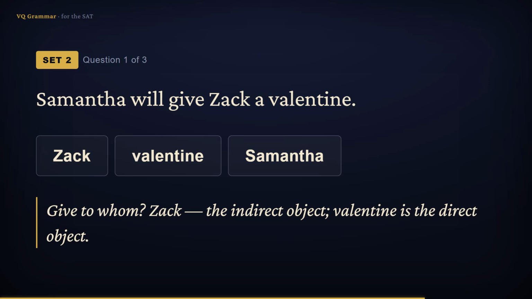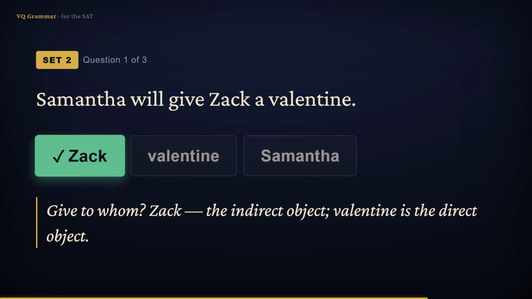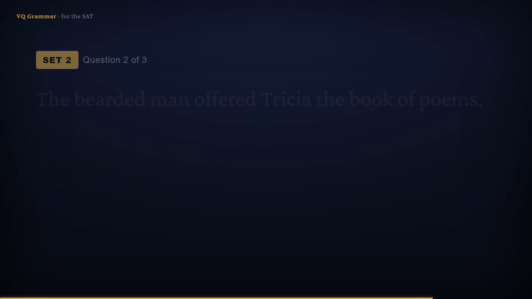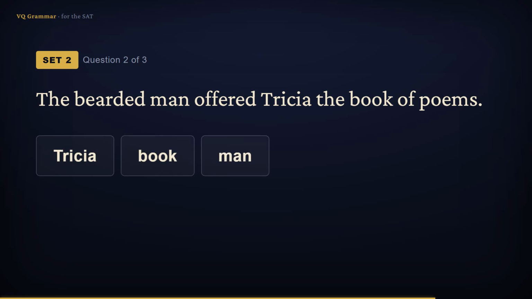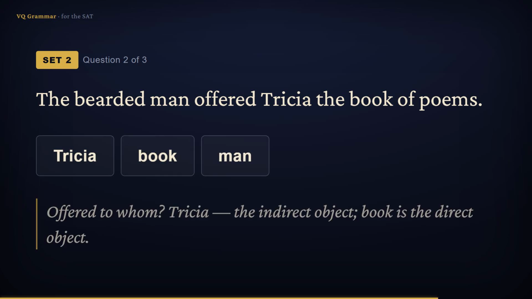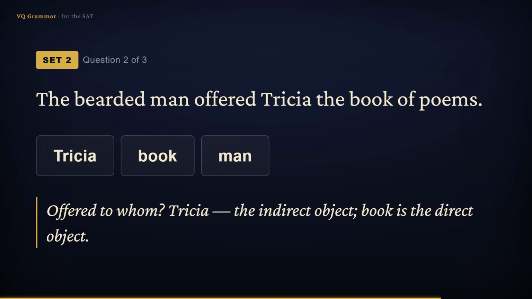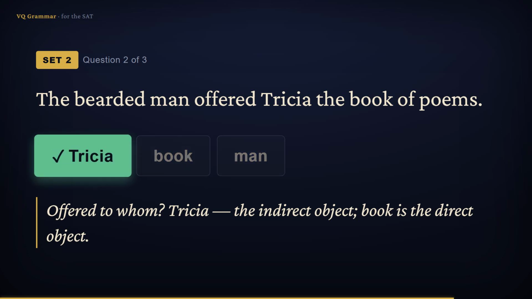Zach, sitting right before valentine. So the indirect object is Zach. The bearded man offered Tricia the book of poems. Offered what? The book, the direct object. Offered to whom? Tricia, right before book. So the indirect object is Tricia.